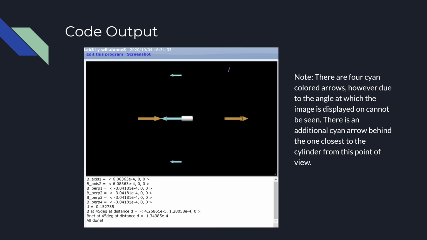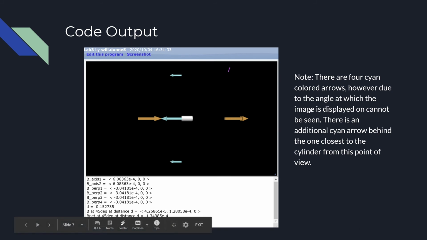So compared to my calculated value, the GlowScript code calculated my net field at the 45 degree distance to be about 1.3 times 10 to the negative fourth, whereas the manually calculated value on the Excel sheet was 1.7 times 10 to the negative fourth. So these values are not too far off.